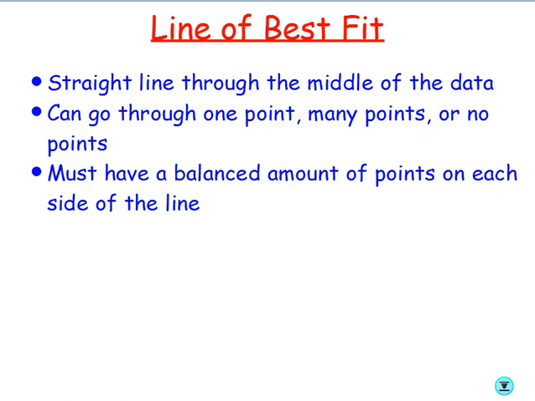A line of best fit is a straight line through the middle of the data. That line can go through one of your data points, many of your data points, or no points at all. It's not required to touch any of them. And the third piece of it is, when you're drawing this line, we are looking for the line to have a balanced amount of points on each side of it.